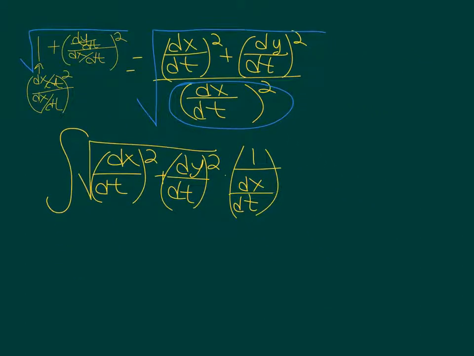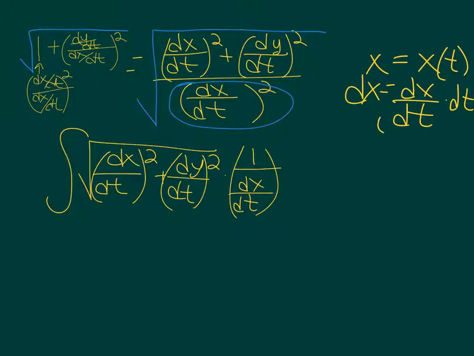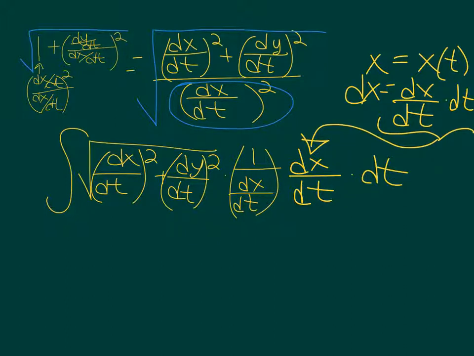Now the convenient thing that happens next is that as we change the variables from dx to dt, since x is a function of t, dx is dx/dt times dt. So instead of the dx, I'm going to put dx/dt times dt, and now instead of our limits going from x1 to x2, we're going from t equals a to t equals b. We've done a change of variables, kind of like a u-substitution.